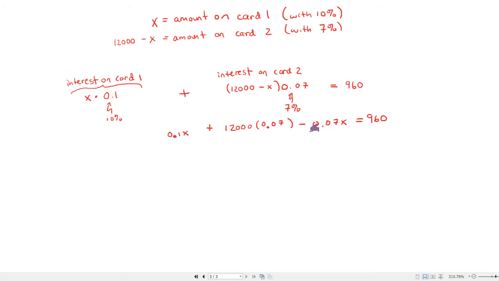So the 0.1 minus the 0.07 will be 0.03x. And the 12,000 times 0.07, this will be 840, equals 960. And now to isolate this x here, we're just going to subtract 840 from both sides.